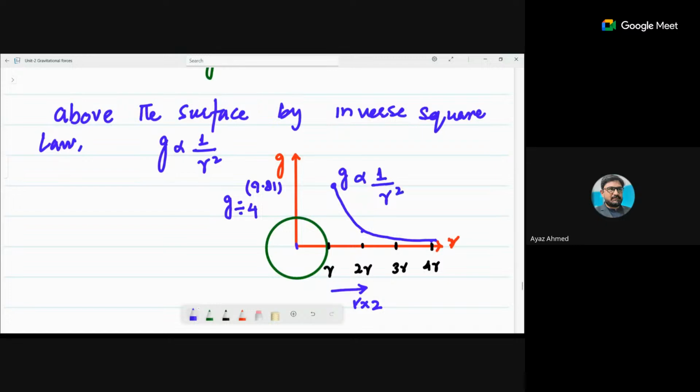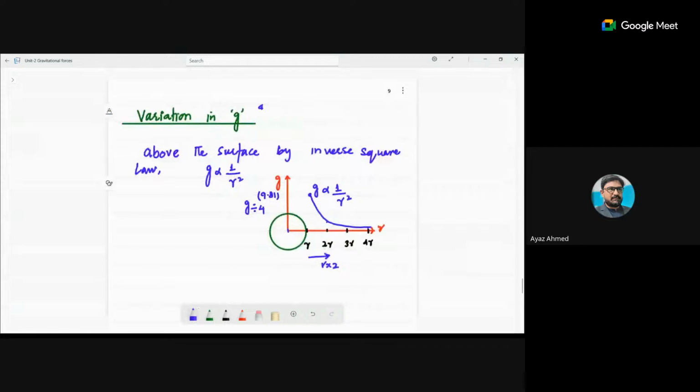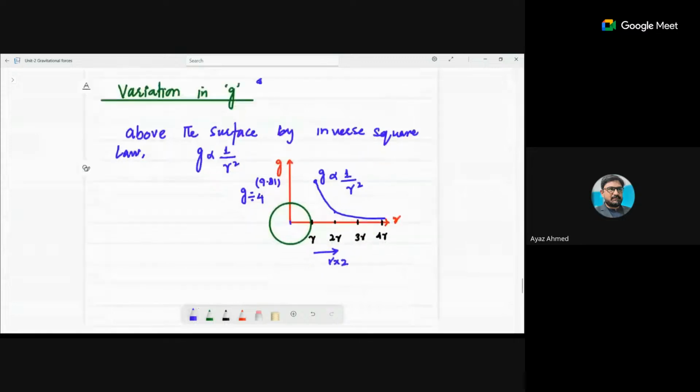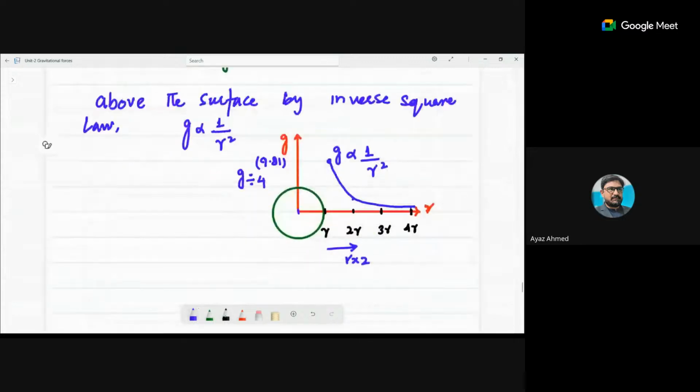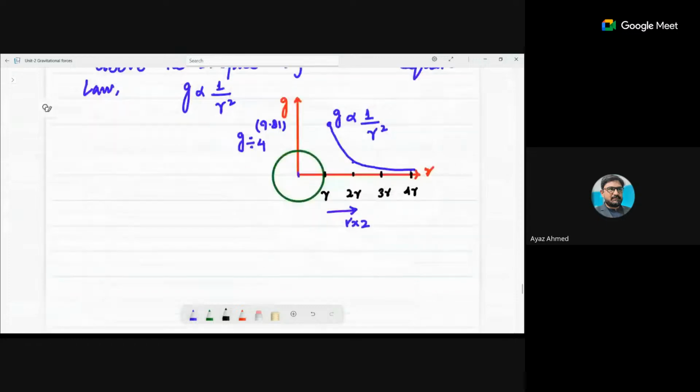So this is what you have to remember, or this is what you have to consider for above the surface. So I will make it clear from an equation. For example, if this is the body and there is an object which is away from that body at a specific distance. Let's make it a distance.